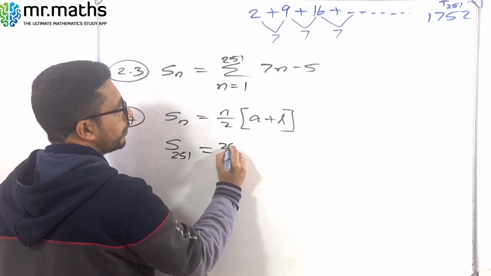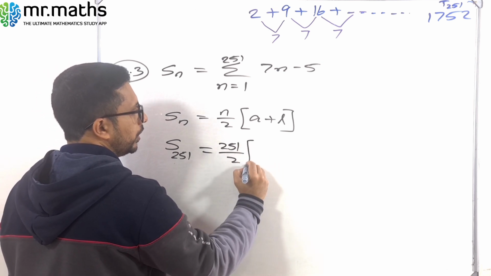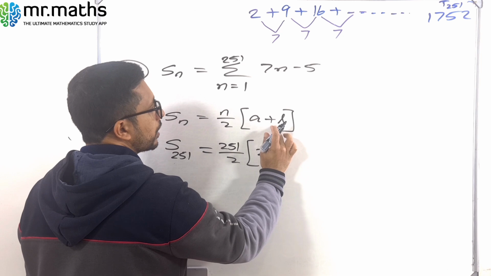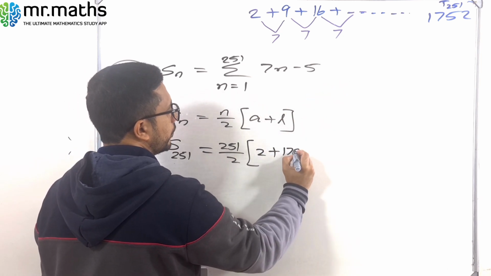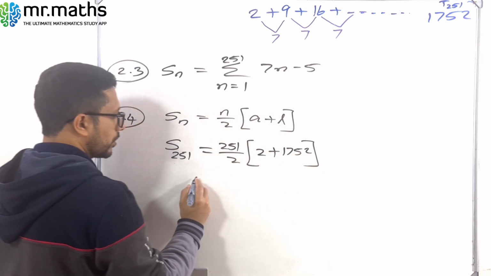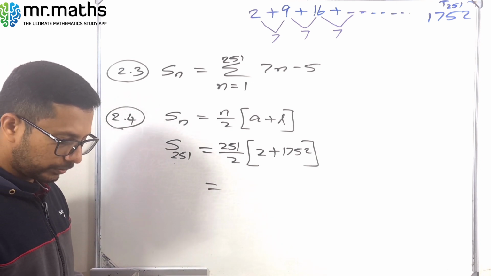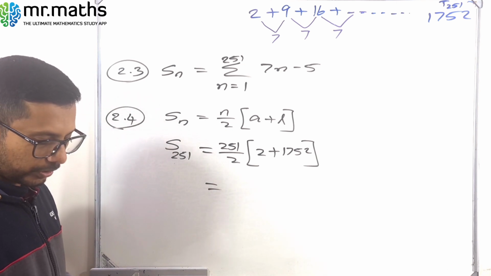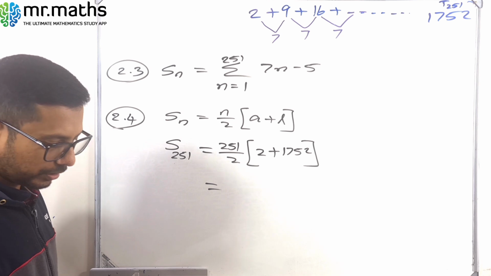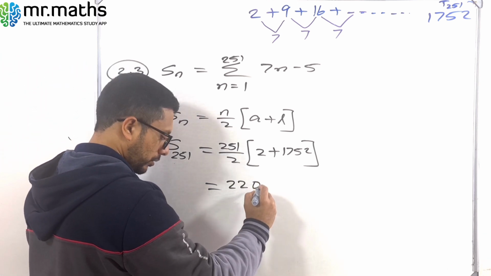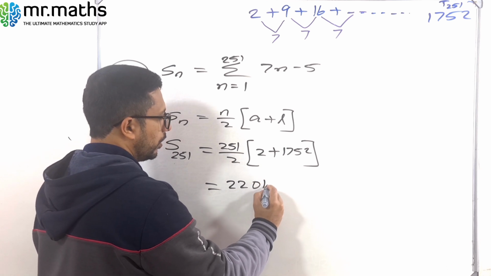So 251 divided by 2 into a, it is first term, 2, last term 1752. So now take your calculator, try to find the answer of that one. So it is 22,000... 127.